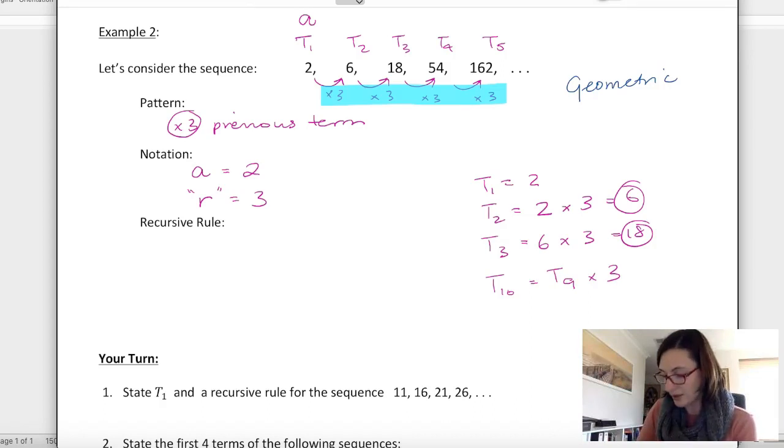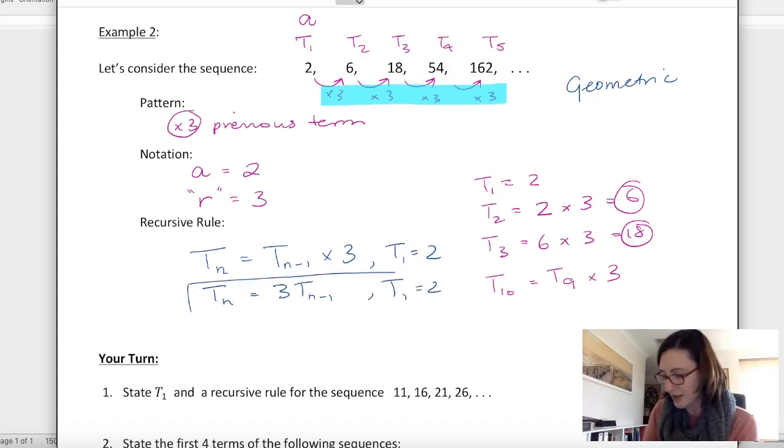So using a recursive rule, to get to the nth term, I need to know the previous term, so for n it would be n take 1, and then I'd need to multiply it by 3. But I must state what my first term is. I could neaten this up a bit because I am a mathematician and I know that I don't have to put a times, and I like to put my coefficients out the front.